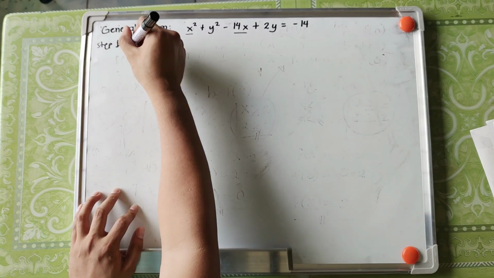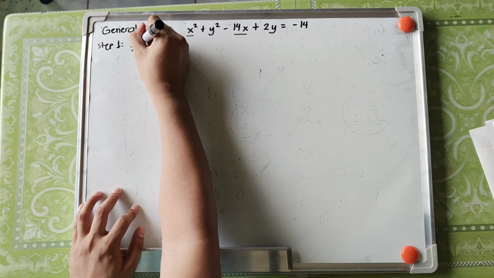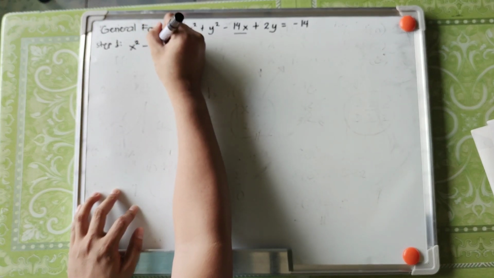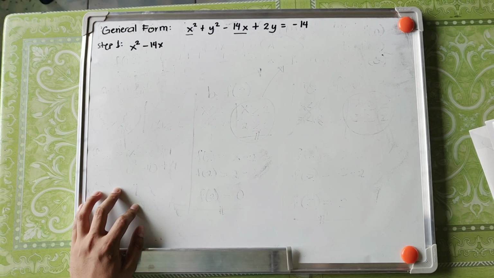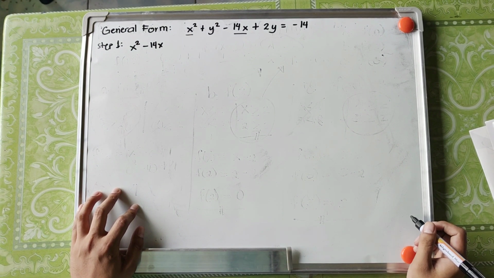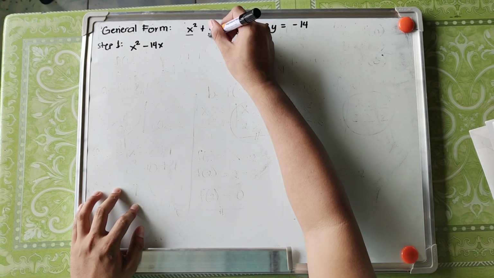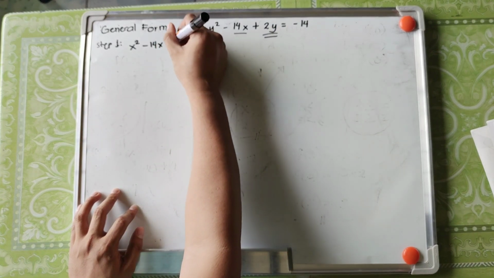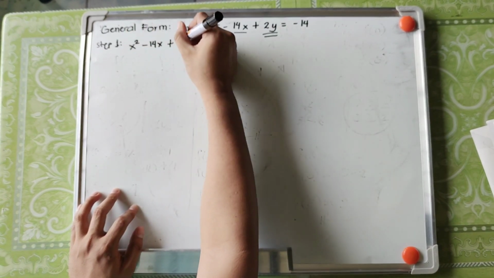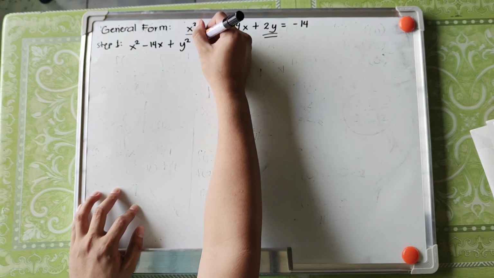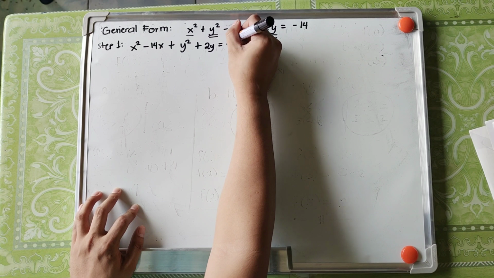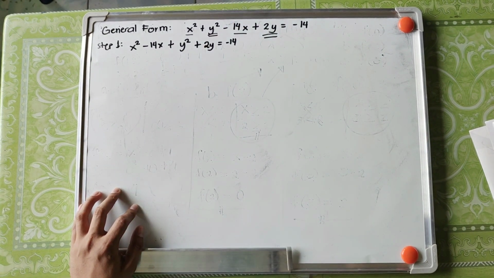So it will become x squared, copy the negative 14x, minus 14x. Then the terms having the same variable, we have the y squared and 2y. So plus y squared plus 2y is equal to negative 14.